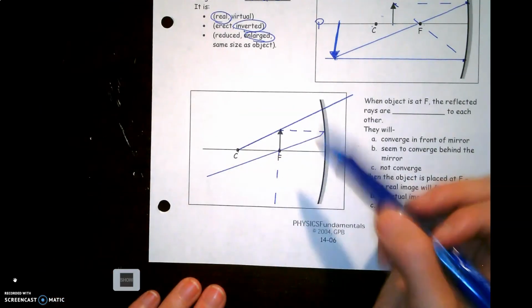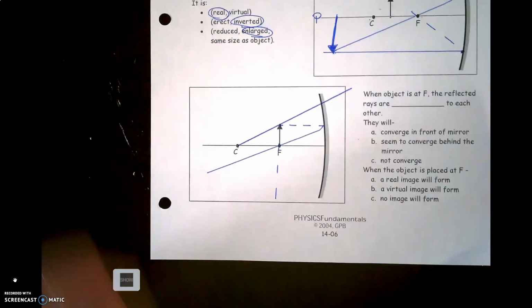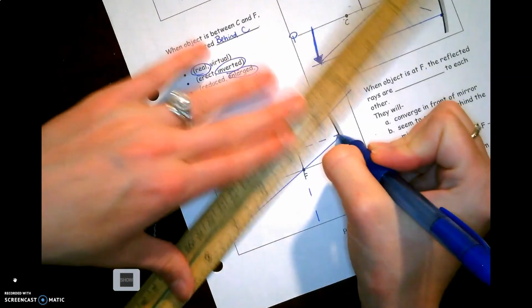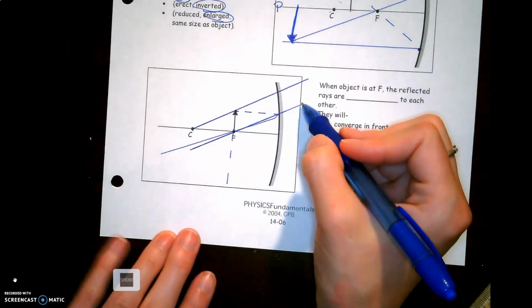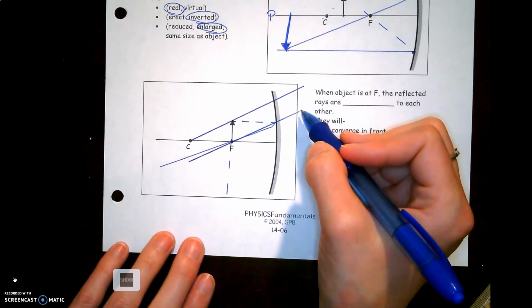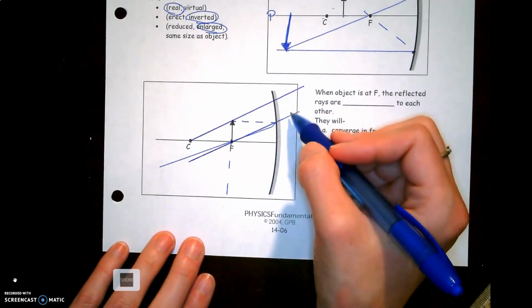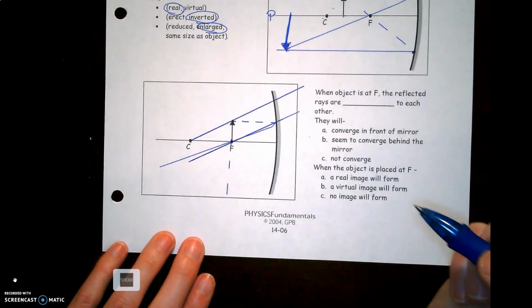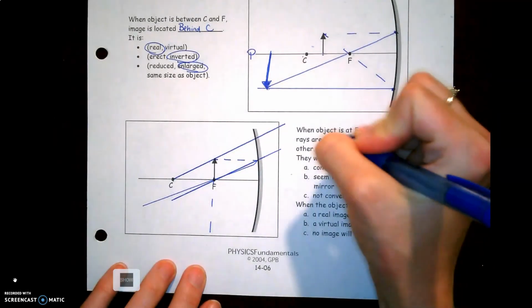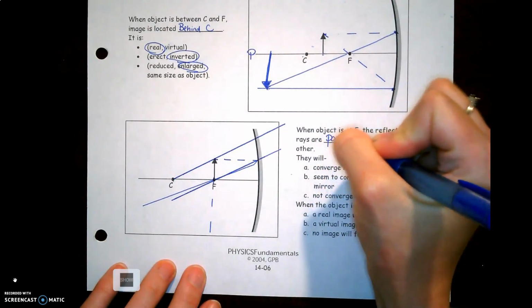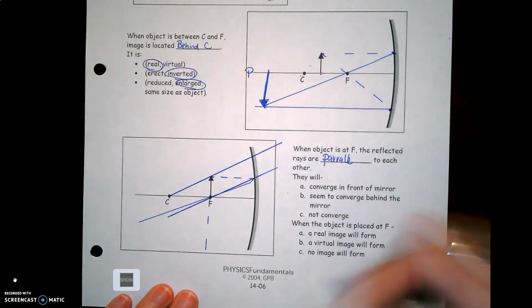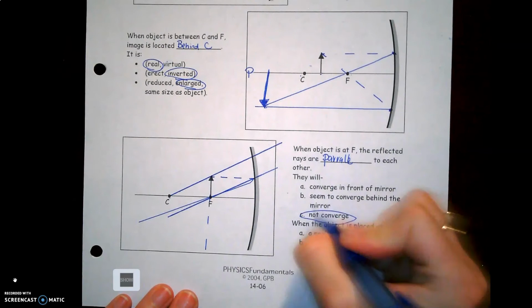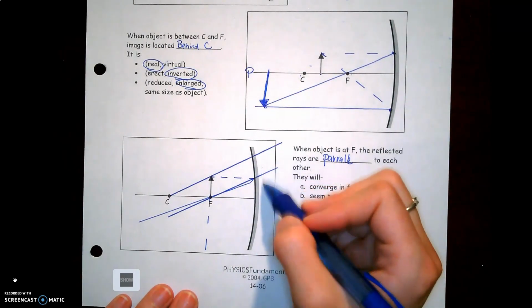And what you should notice is that these are going to be parallel lines. So they're parallel, and they will never converge, meaning these two lines will never hit each other.